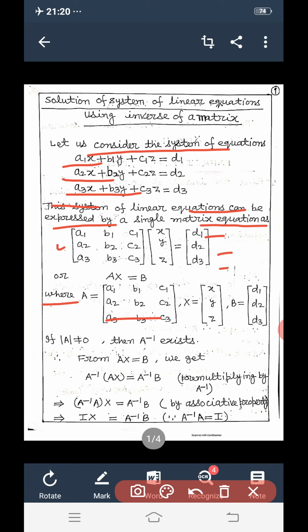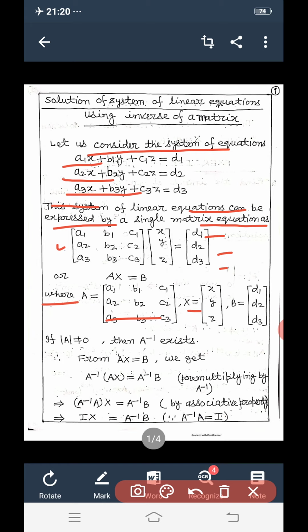X is a column matrix of order 3 by 1 having elements x, y, z, and B is also a column matrix of order 3 by 1 having elements d1, d2, d3.